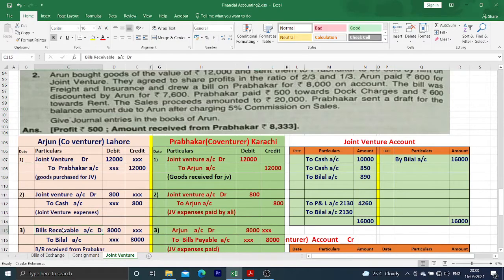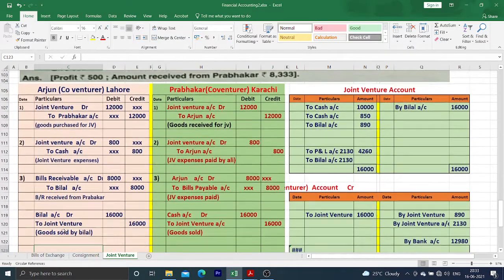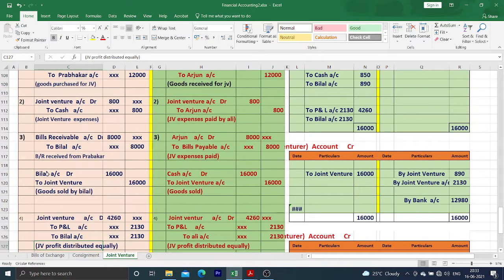So we'll pass the journal entry for discounting the bill. Bank account data, discount account data, same like bills of exchange, bank account data, discount account data to bills receivable account.